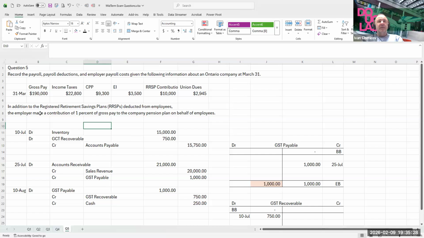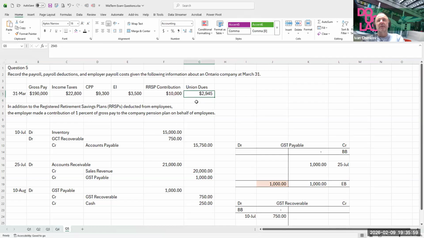So what we have to do is record the payroll deduction and employer payroll cost, given the following information on an Ontario company on March 31st. March 31st, we have a gross pay of 190,000, income tax deduction 22,000, Canada Pension Plan 9,300, employment insurance 3,500, registered retirement savings plan contribution of $10,000, union dues deduction of 2,945.